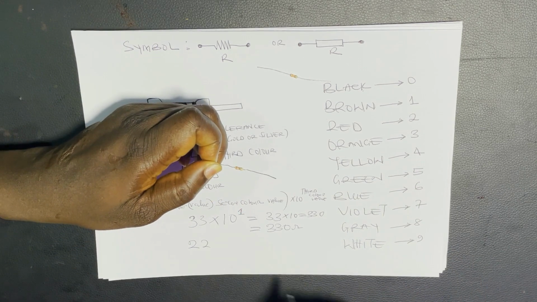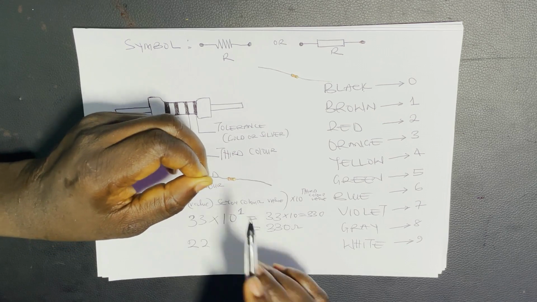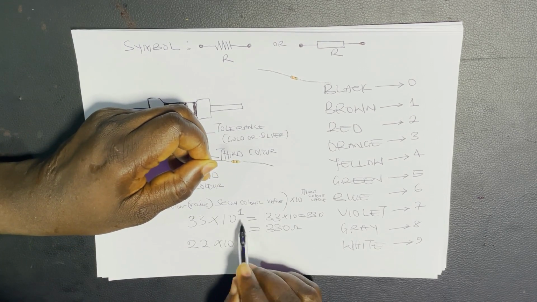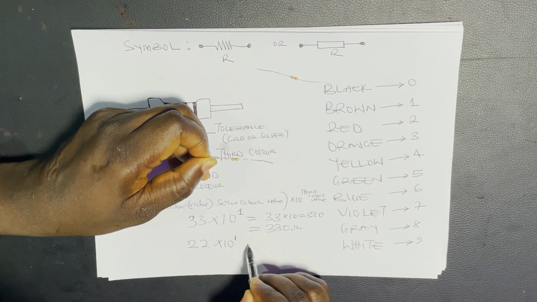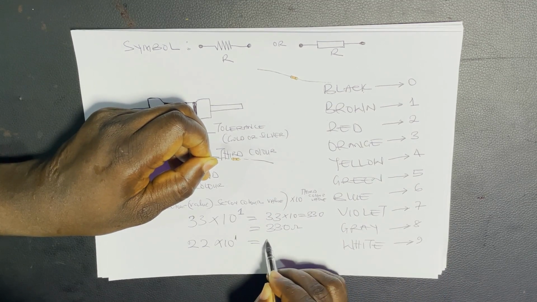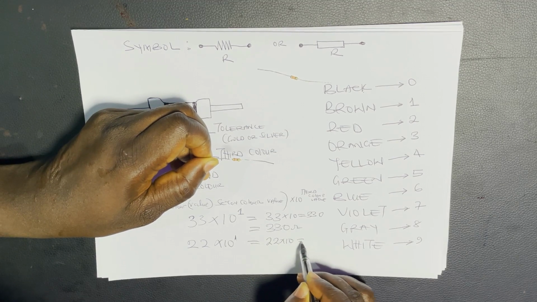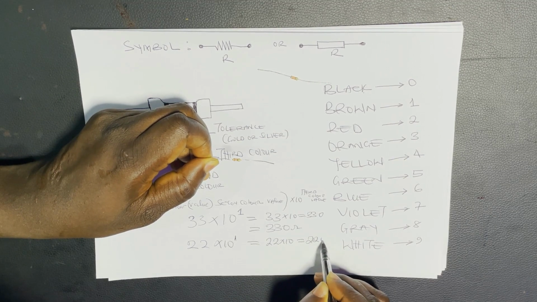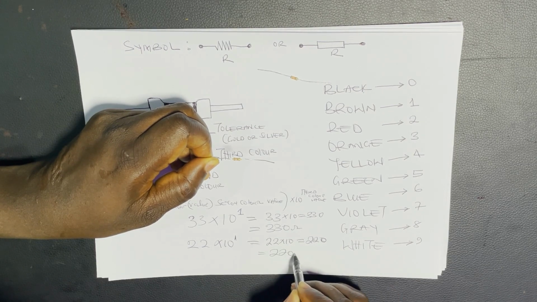Then the third color is brown. Brown is 1, so we can write power 1, which is equal to 22 times 10, which is equal to 220 ohm. So the value is 220 ohm.